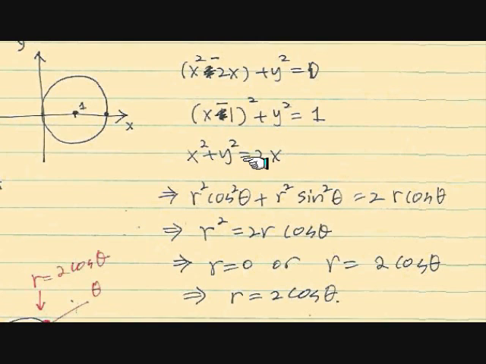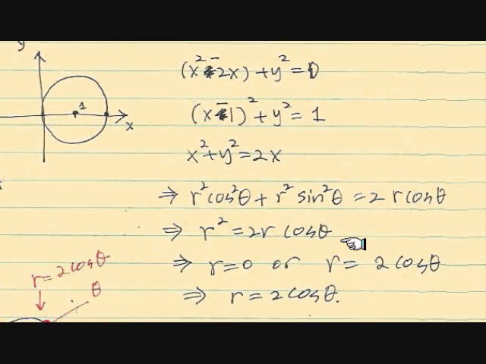So x and y here are replaced by the typical polar coordinate conversion, and you don't multiply by r or anything. That's only for the integral's Jacobian factor, and 2x is being converted like that. So this left hand side is simply r squared, because cosine squared plus sine squared becomes 1, and the right hand side is just copied here, and we're about to cancel r.